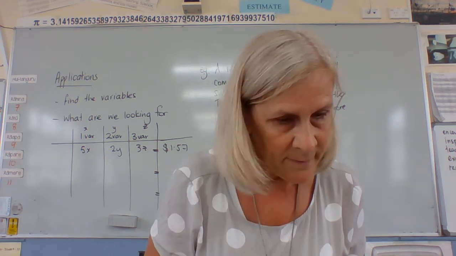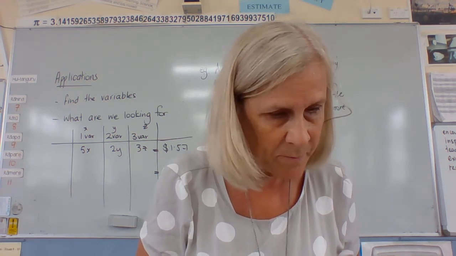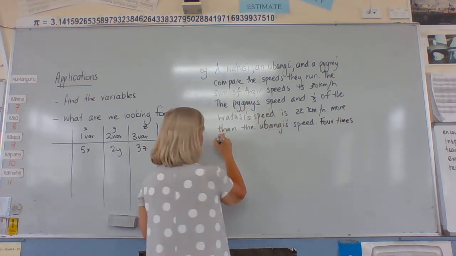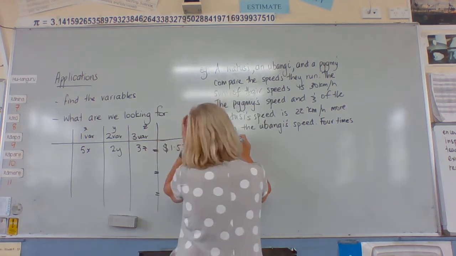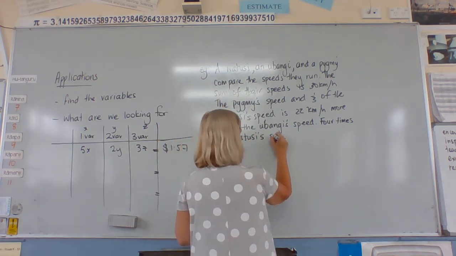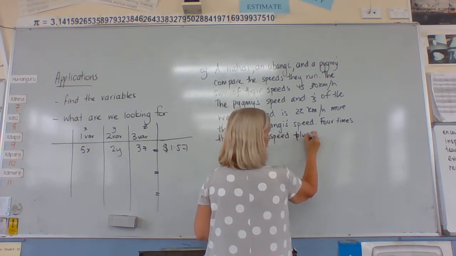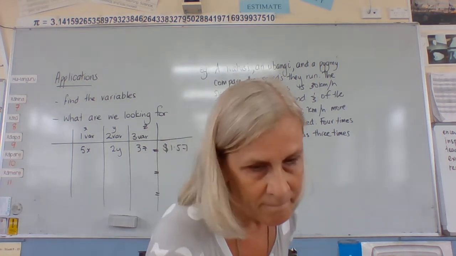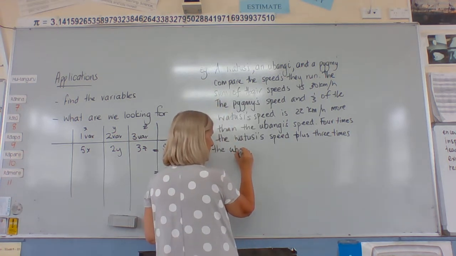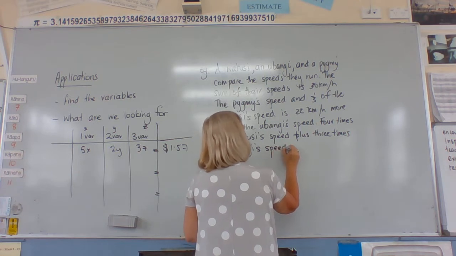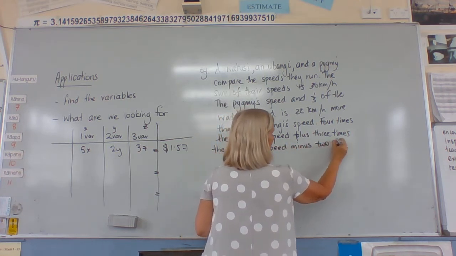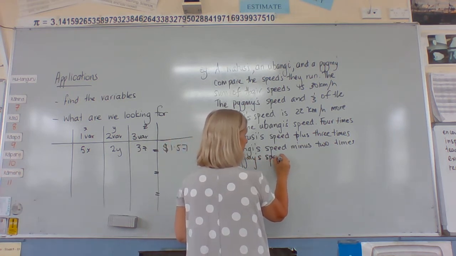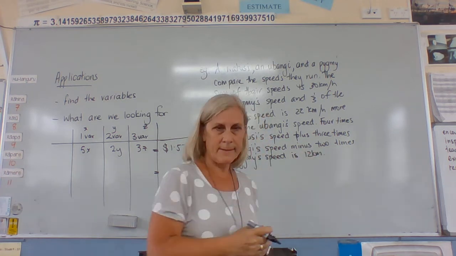We need one more. 4 times the Watusi speed plus 3 times the Ubangi speed minus twice the Pygmy speed is 12 kilometres per hour.